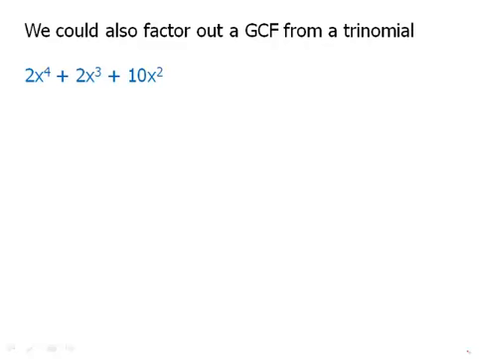And the lowest power of x is x squared, so we can factor out an x squared from all the other x's. And so we factor out 2x squared, and that leaves us with just x squared in the first term, just an x in the second term, and simply a 5 in the third term. So we factor this down into 2x squared times a quadratic trinomial.